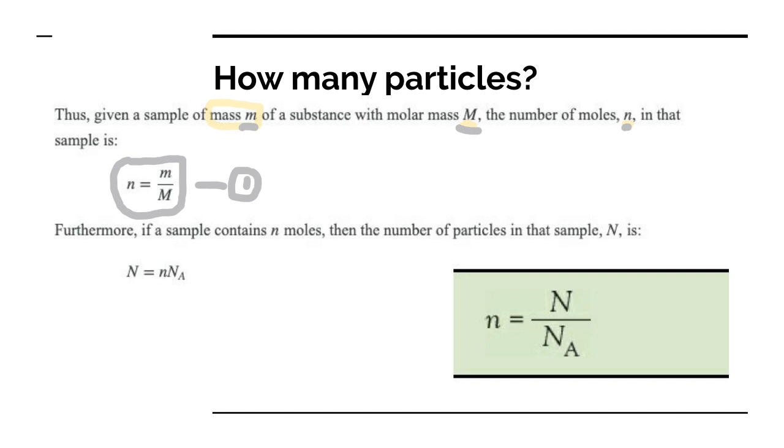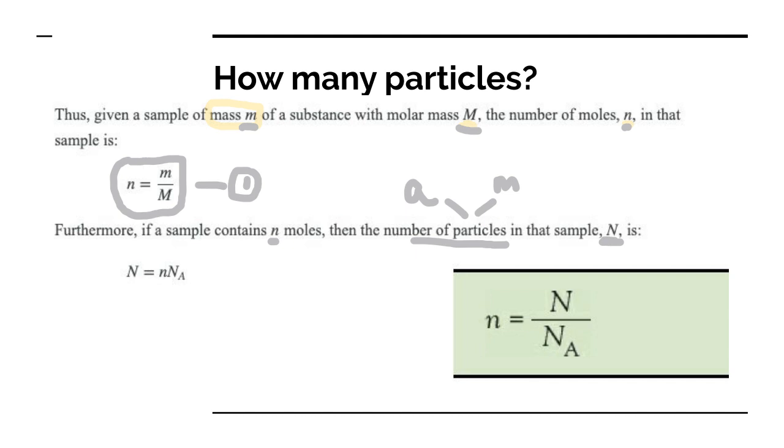Now, say we wanted to find not the number of moles, which is little n, but we actually want to know how many particles are in the sample. Now, particles could be atoms, or it could be molecules. It doesn't really matter. How do we find that number, capital N?